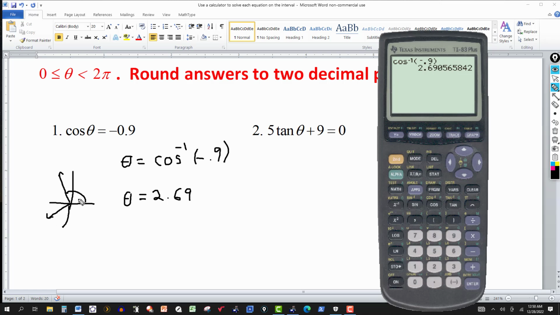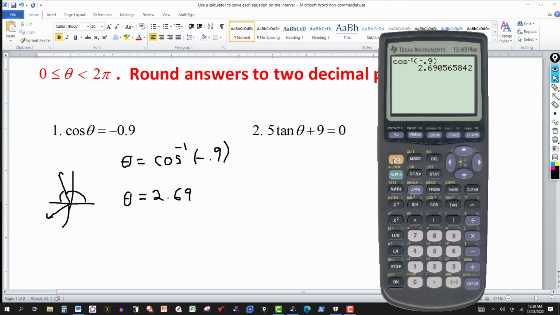This is 2.69, and I want this reference angle right here. To get it, I'm going to simply subtract this 2.69 from pi.